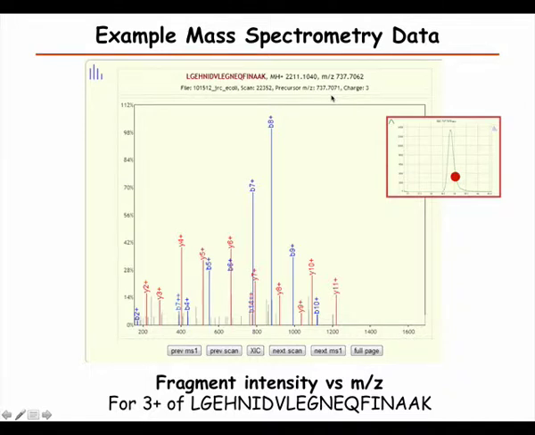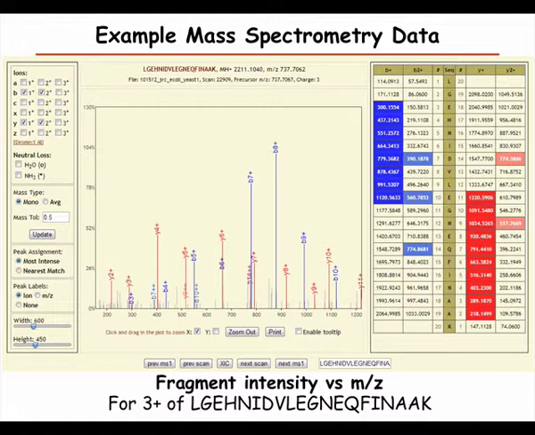If we continue and look at this in more detail, we can see which masses we can observe, and also look at other ion types or neutral losses of water or NH3 and so on. So this is an interface where one can go into more detail.